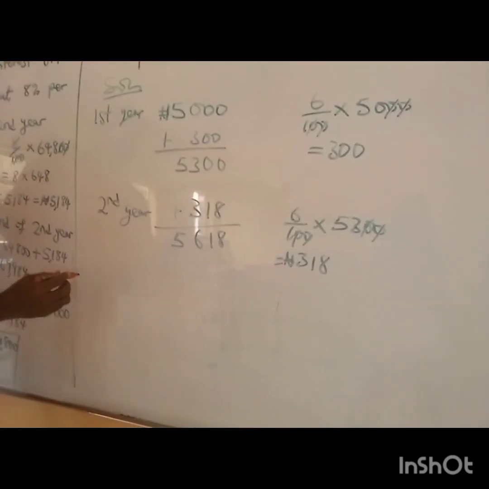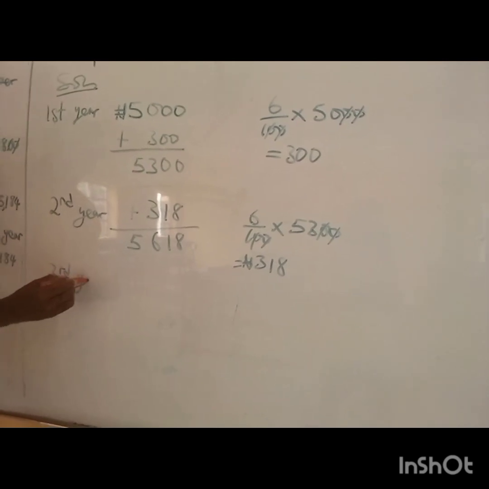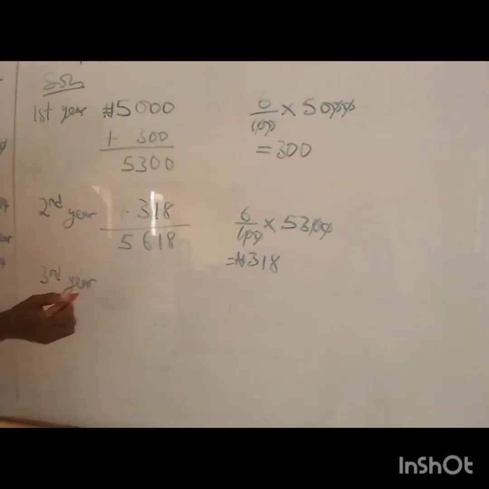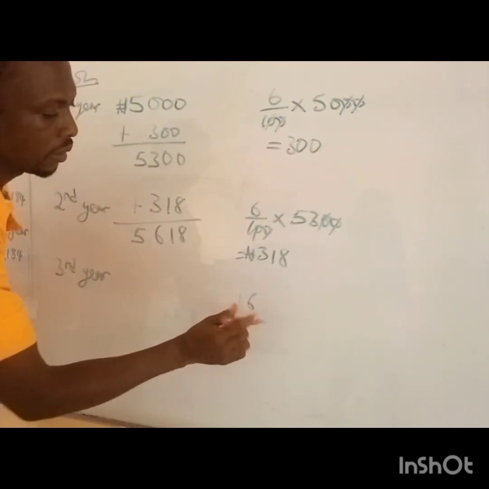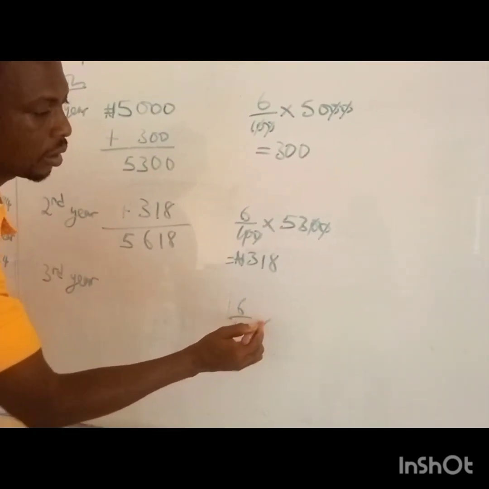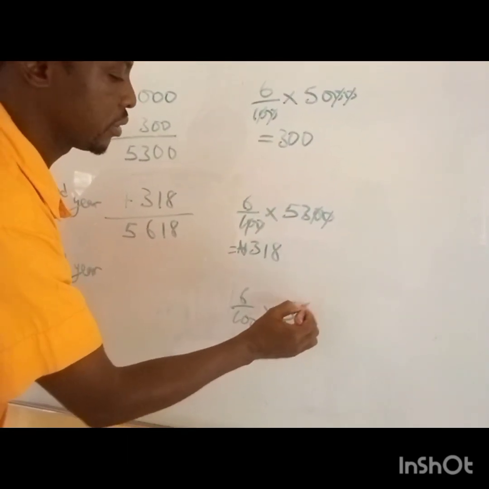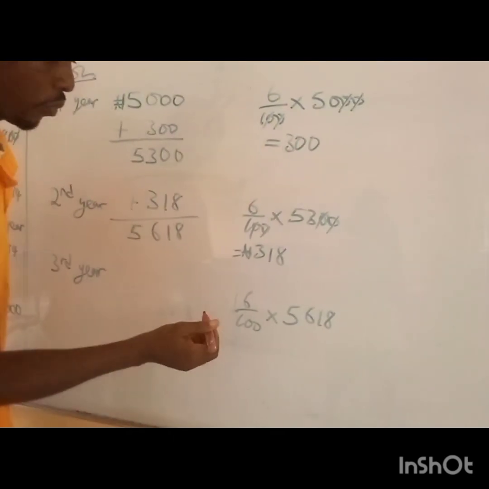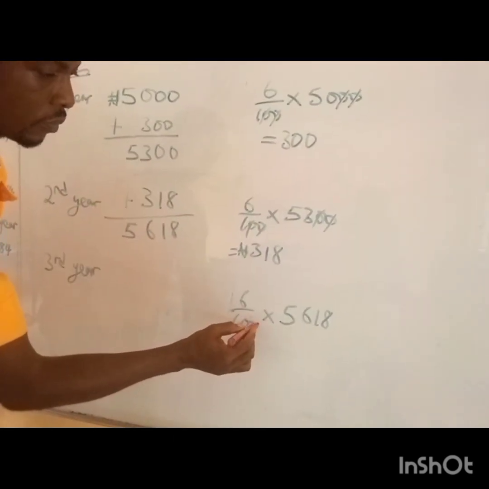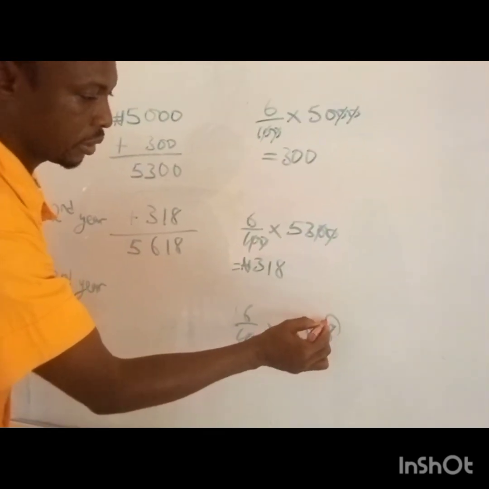So at the end of the third year, we have 6% again of 5,618. So this 100, we'll move our point like this.